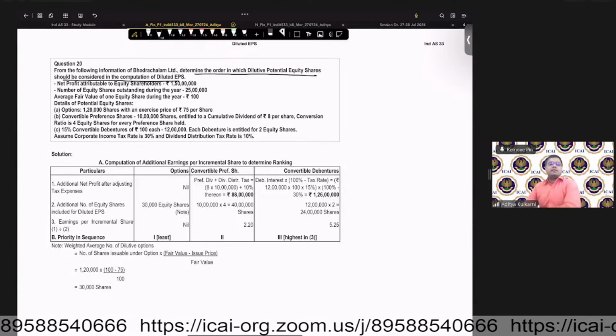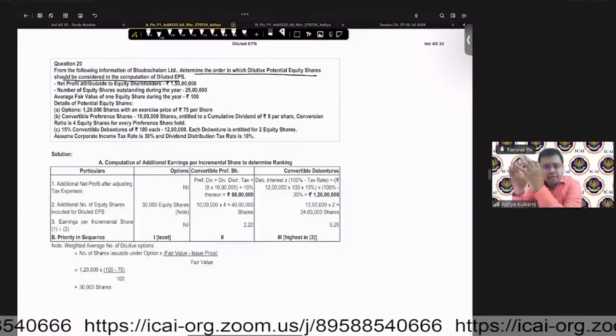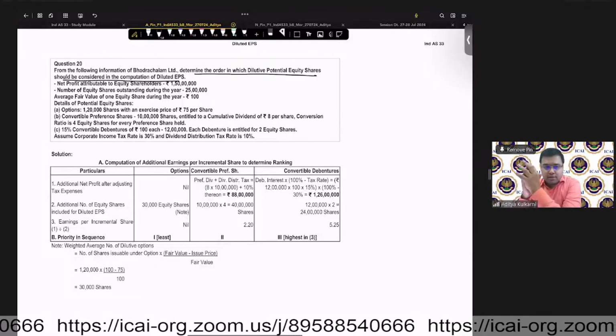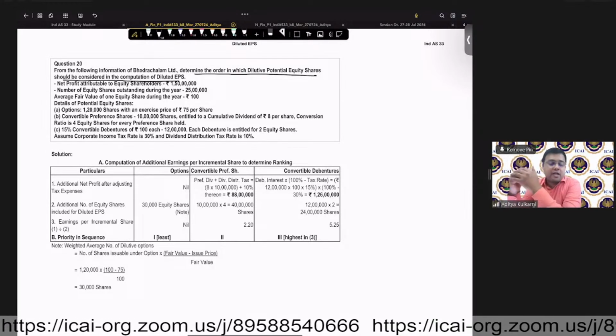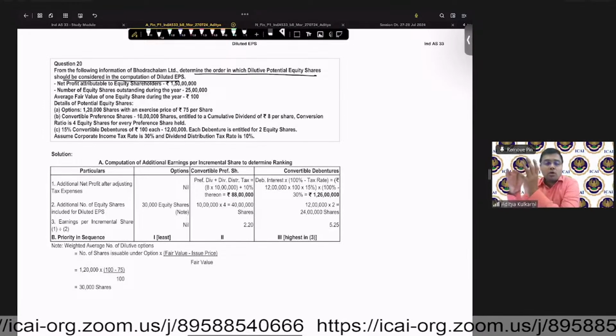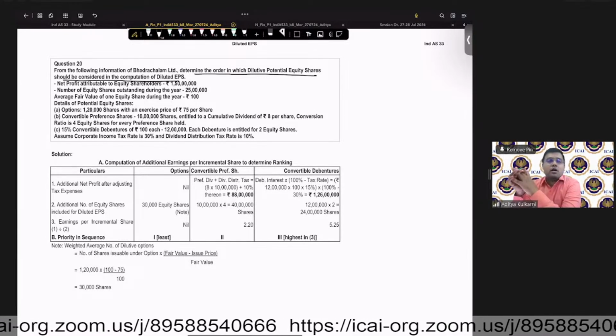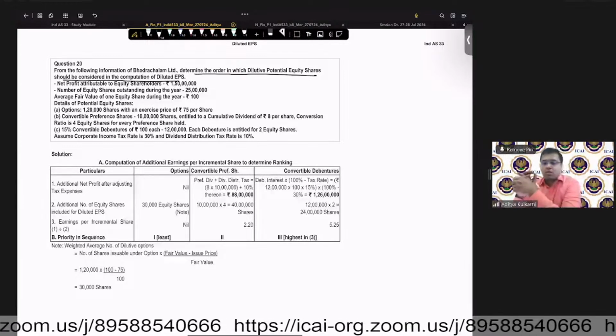So what happens is sometimes you may have multiple instruments with dilution that could be possible. What I consider for the purposes of dilution will determine how your diluted EPS will be counted.